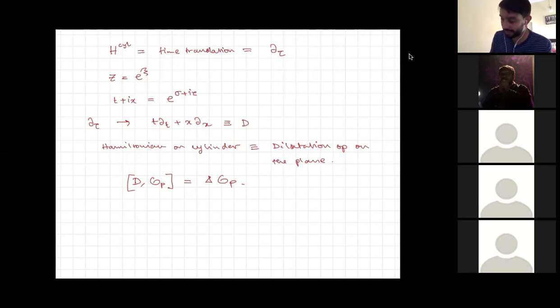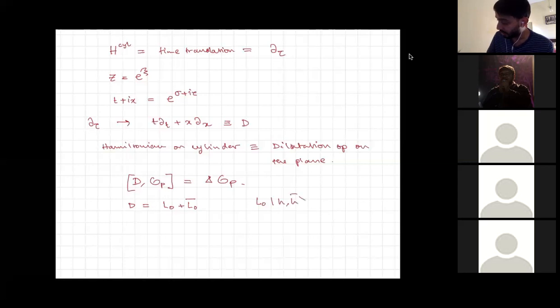In the 2D CFT case, we will have things which are labeled by, so D is going to be equivalent to L naught plus L naught bar. We will see all of this, and we will have states which look like this.